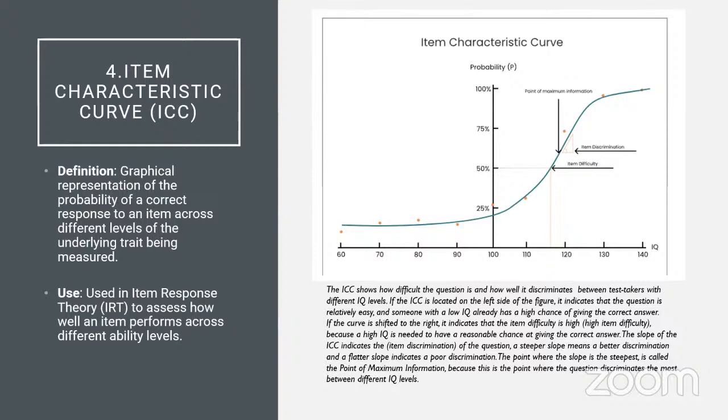It is used in item response theory to assess how well an item performs across different ability levels. So this x-axis indicates the ability levels. If the ability level is low and the percentage of correct answers is low, and the ability level is high, percentage of correct answers is high, that item characteristic is a good representation. Okay.